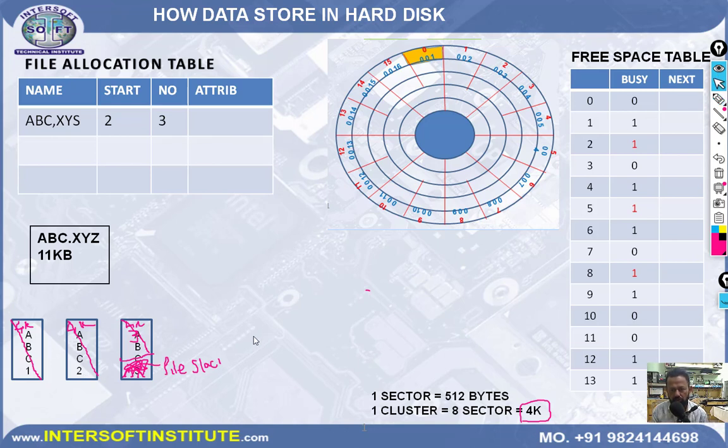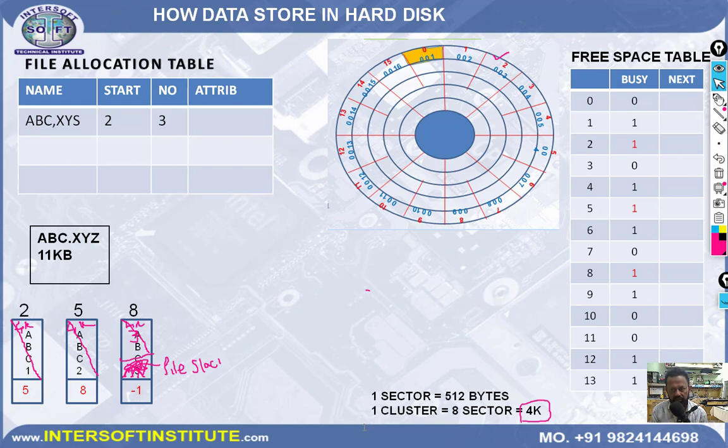The first one starts from cluster 2, and he allots that space. The next free cluster he got is 5, so 5 is also taken. Then the third he has taken is 8. So 2 points to 5, 5 points to 8, and then -1, which means finish.